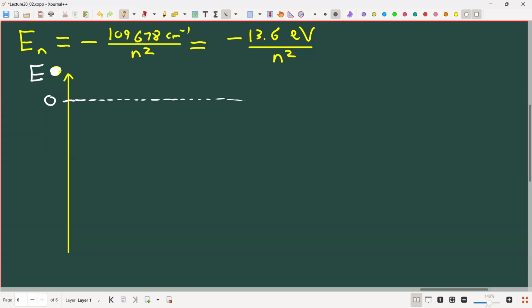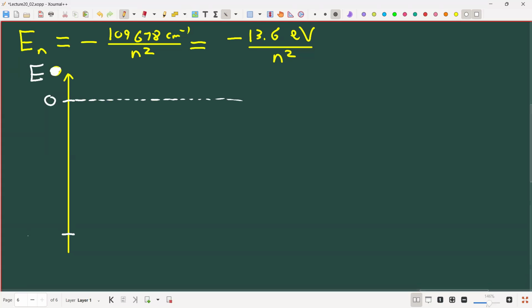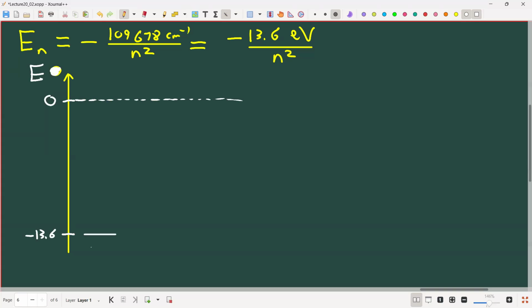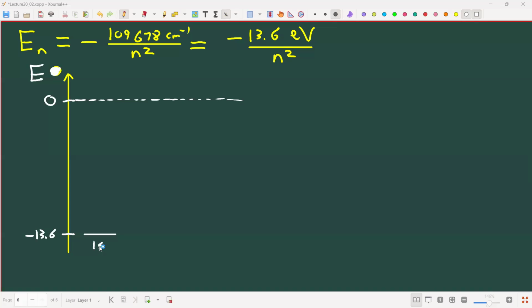So E sub 1 is going to be at minus 13.6 on this scale. This is the 1s orbital. Where's the next? The n equals 2 are going to be at 13.6 divided by 4, so it's minus 3.4.